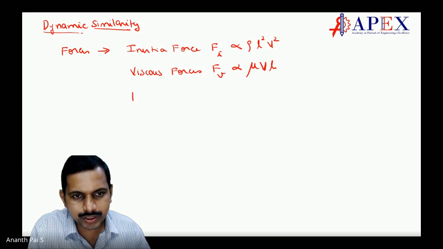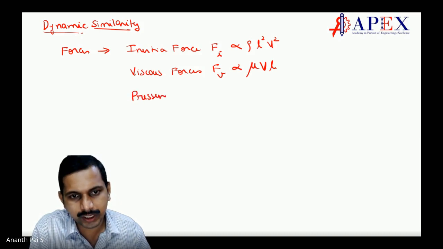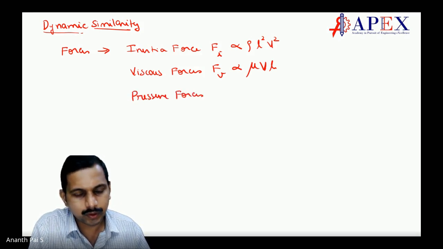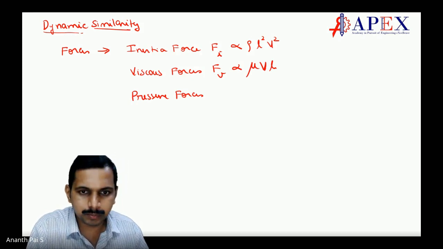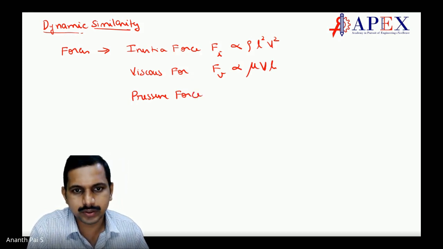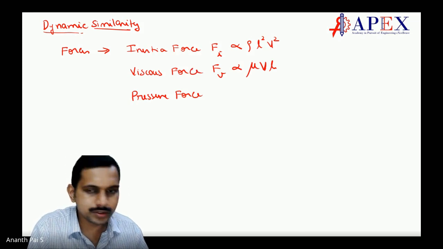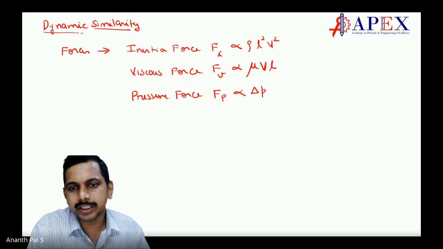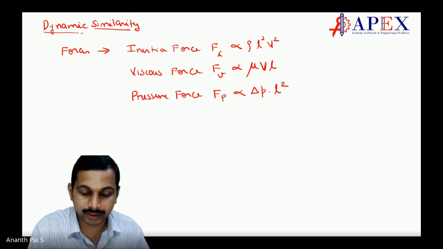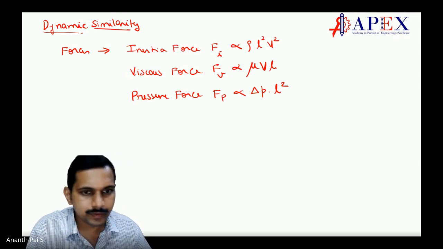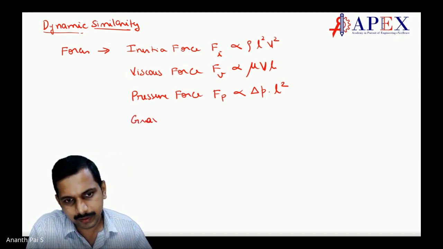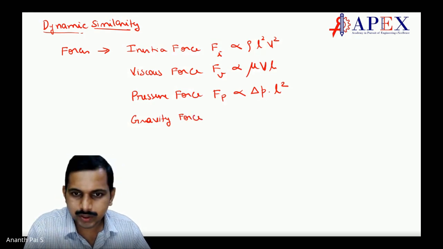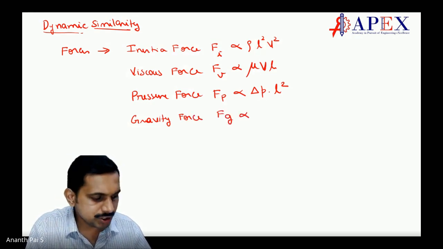Then pressure force. It's always better you write this down again and again, students, practice. Pressure force, Fp was proportional to delta P, change in pressure into L square, correct? Then we had gravity force, which is Fg, proportional to rho L cube into g.